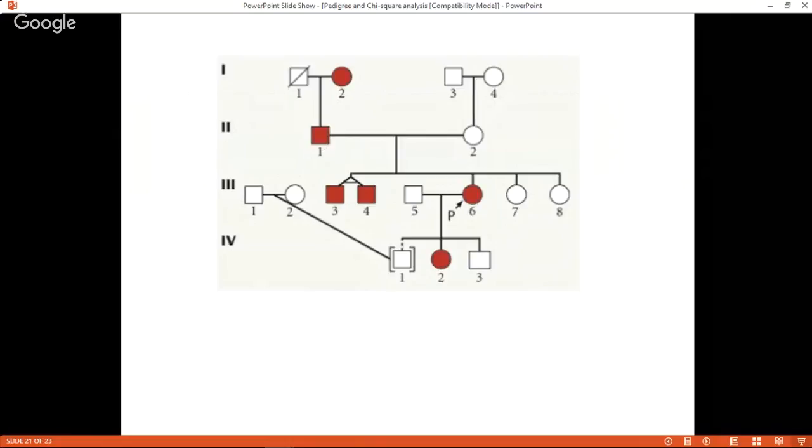The red indicates the people who have short fingers. The circle indicates females. So Joanna is the mother, and this is her daughter. The square equals males. These are Joanna's identical brothers.